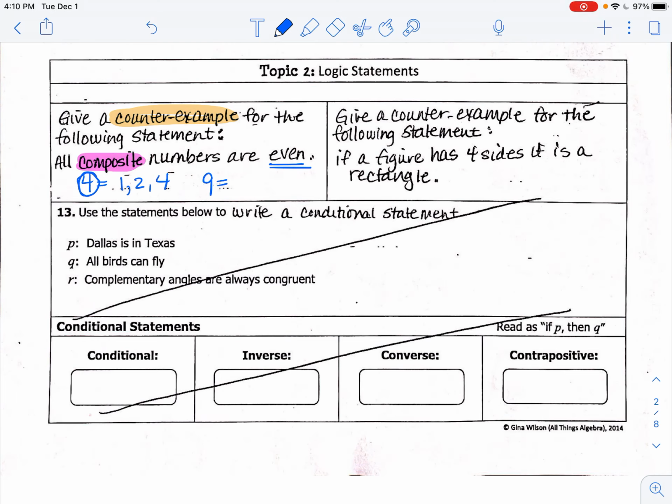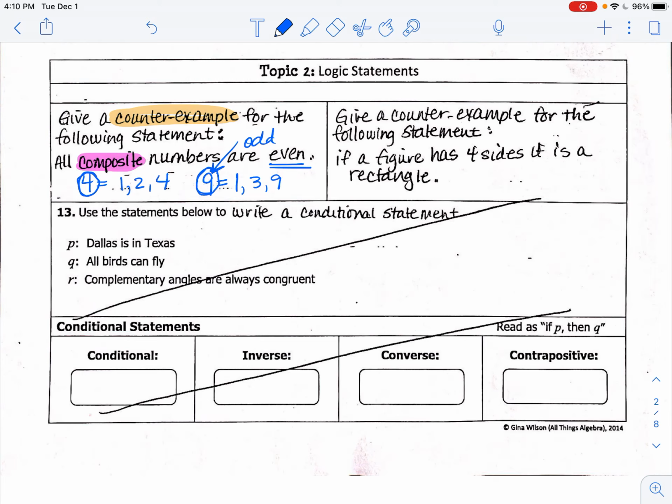What are the factors of 9? Well, 1 divides evenly 9 times, and also 3. 3 times 3 is 9. And so 9 is an odd number. So a counterexample is finding an odd number that's composite.